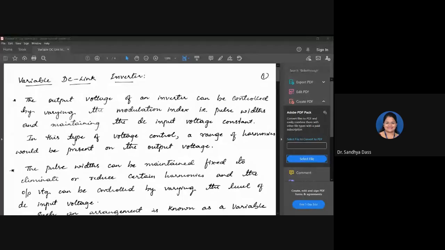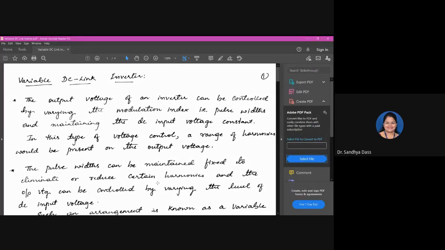Okay, so now moving on to today's topic in detail. As I mentioned, the output voltage of an inverter can be controlled by varying the width of the pulses while maintaining the DC input voltage constant. So this is voltage control type, right?